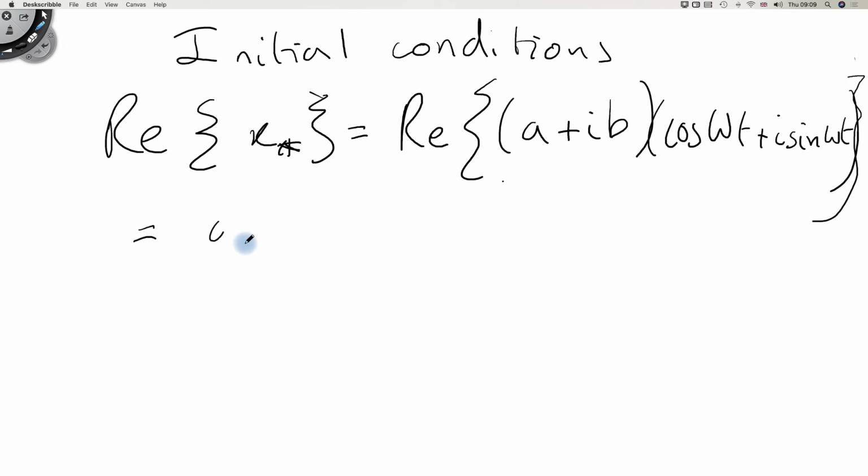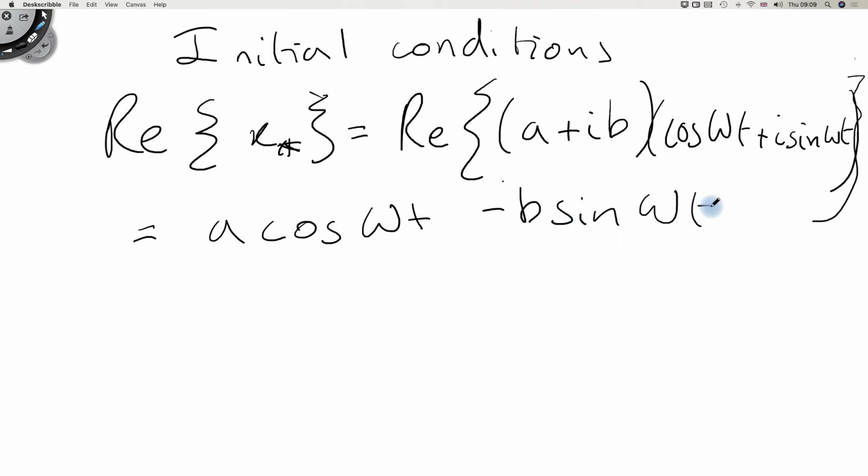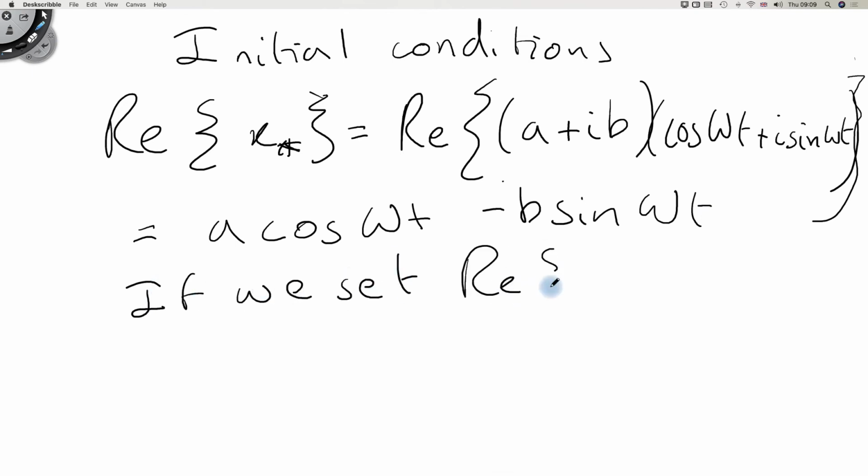Which equals a cos omega t minus b sine omega t. Now if we set the real part of x star at t is 0, so the initial conditions to be 1, that sets our initial conditions.